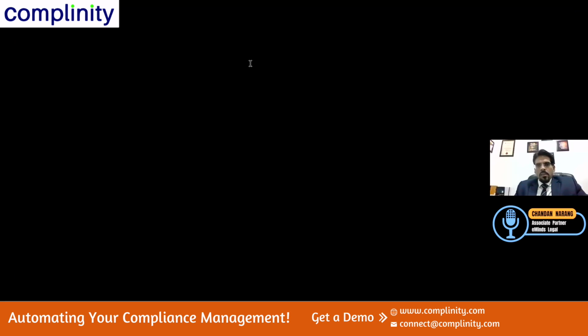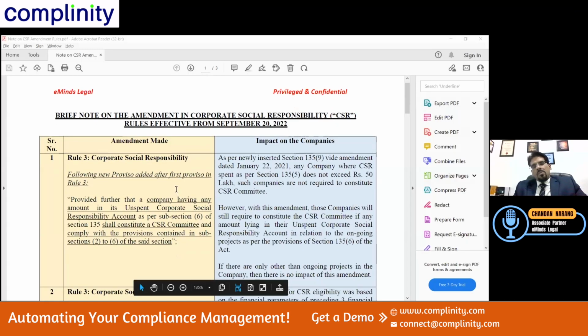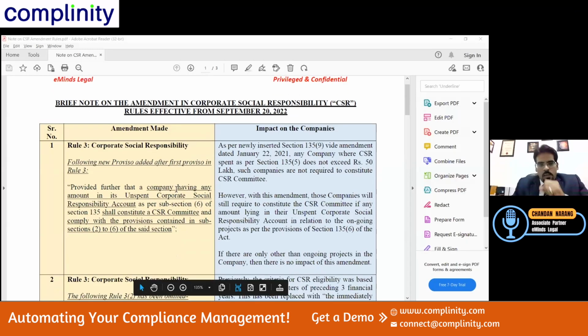I'll just share my screen once again. So the first change happened with respect to the constitution of CSR committee, the requirement of constitution of CSR committee in case there is any unspent amount left in the CSR unspent account.